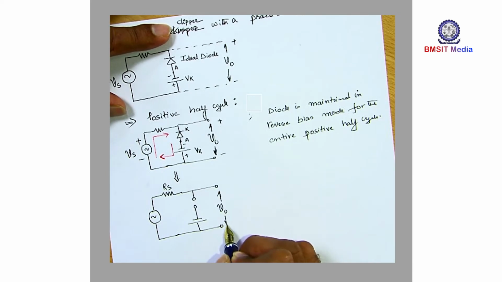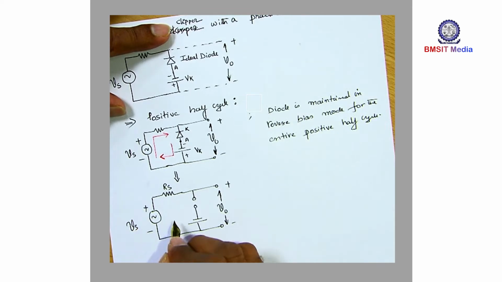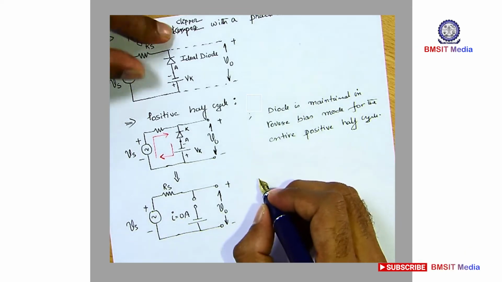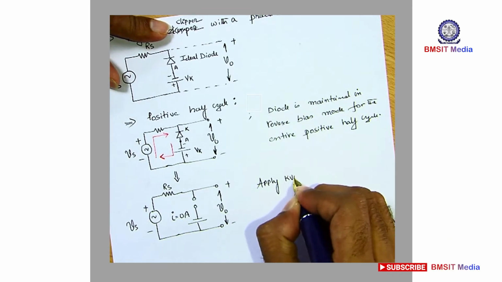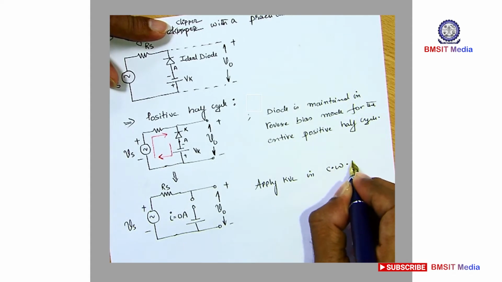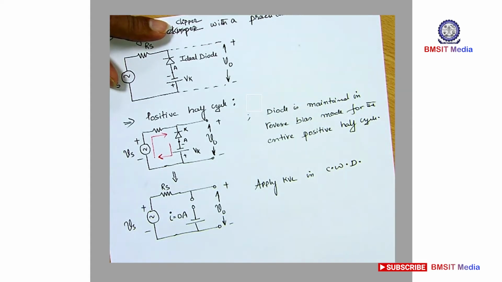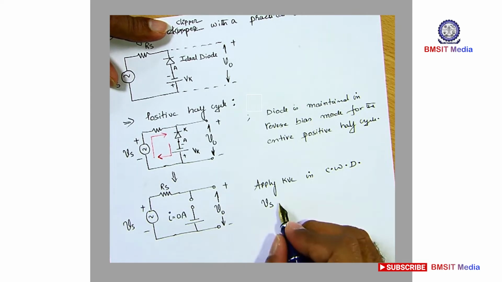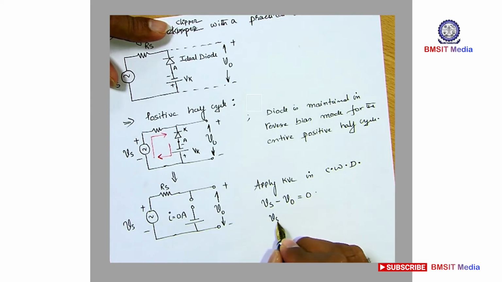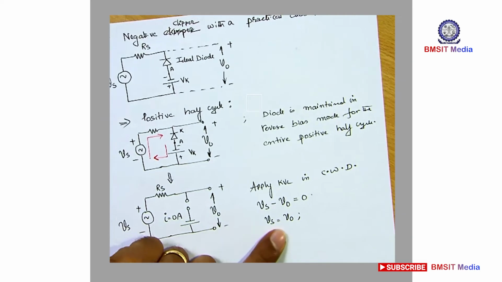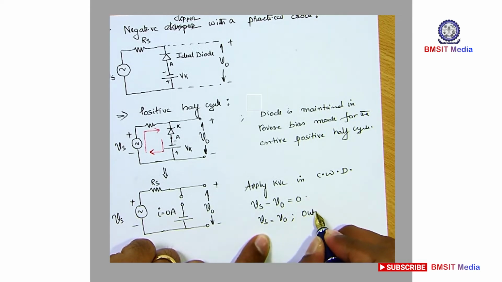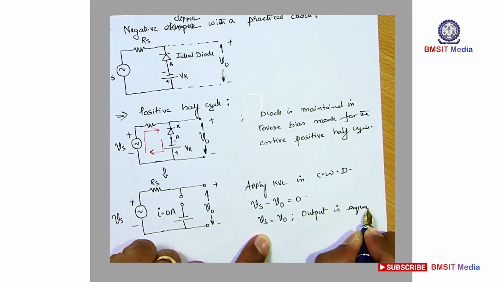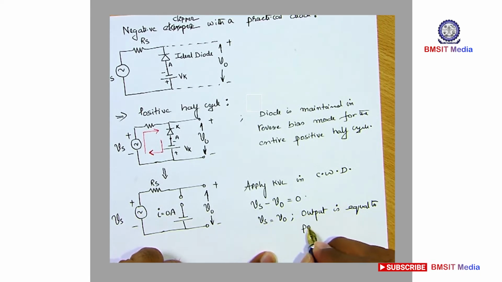So when you apply KVL, CWD stands for clockwise direction, minus to plus Vs, voltage across R is 0, plus to minus is V0. So Vs is equal to V0. That means to say output is equal to the positive half.